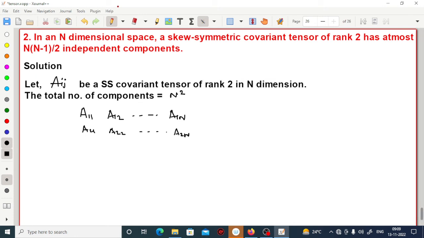I am writing a tensor of rank 2 in n dimension. I can draw it because it is of rank 2. If it were of higher rank, I couldn't have drawn it on the page. These components are of 2 types, that is what you know from the last topic.